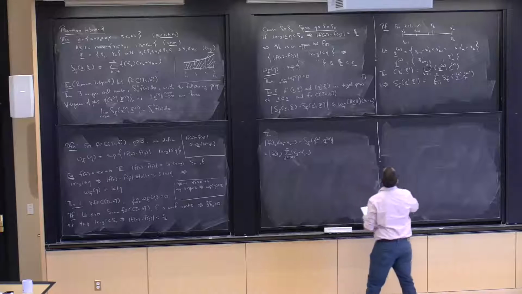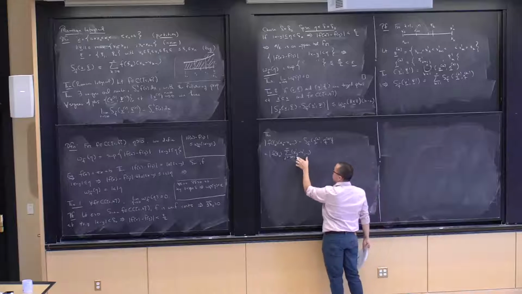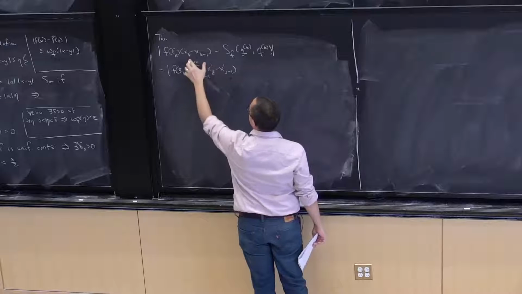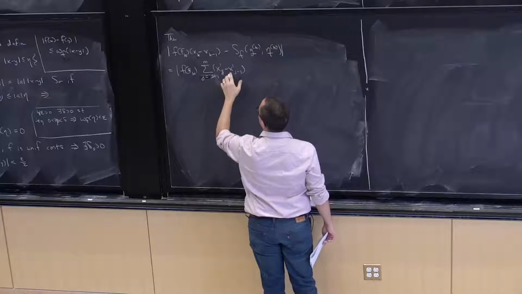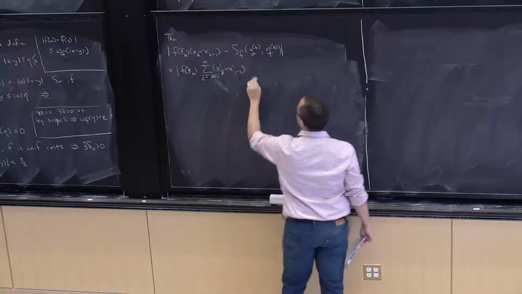Of the smaller ones in there, this is just a telescoping sum, so all I pick up is x prime_m, which is x_k, minus the first one, x prime_L, which is x_{k-1}.